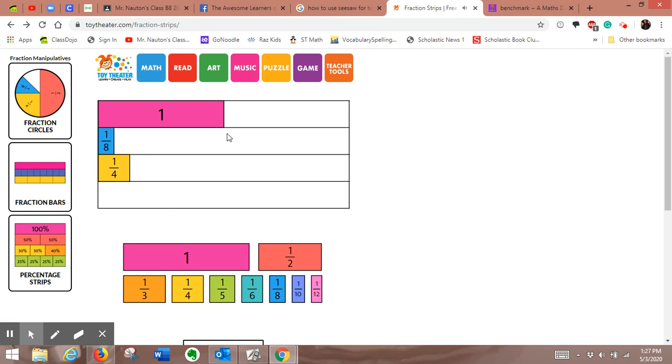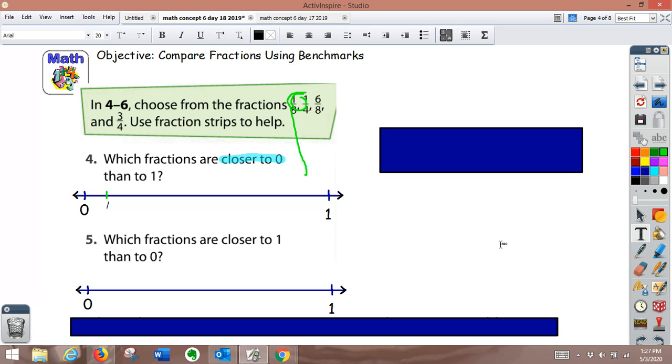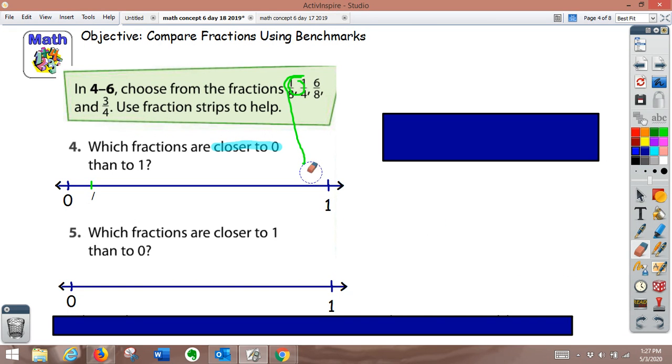It's not even close to the 1 whole over here. Okay, so 2 fractions that are close to 0 are going to be 1/8 and 1/4, right down here, close to 0.